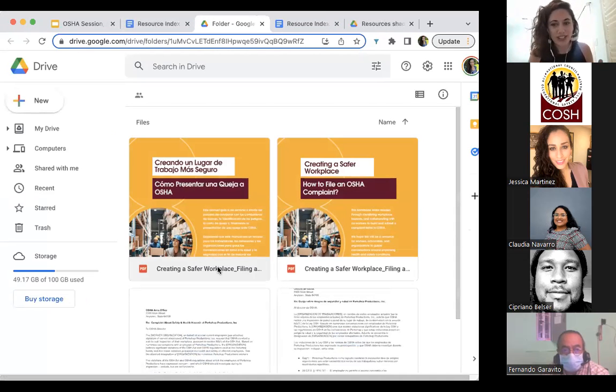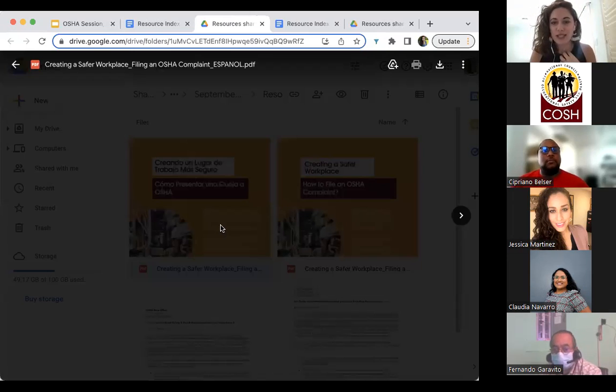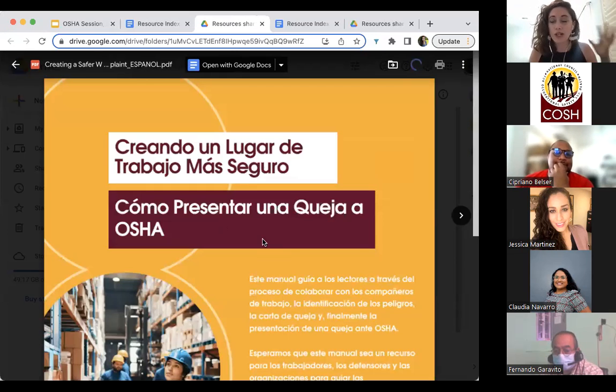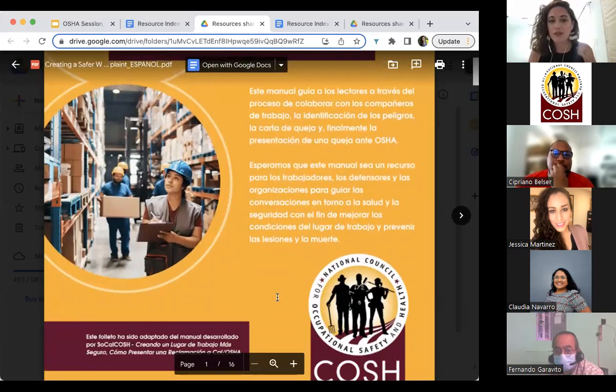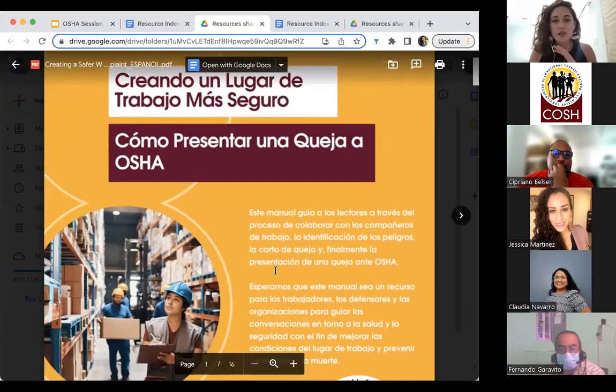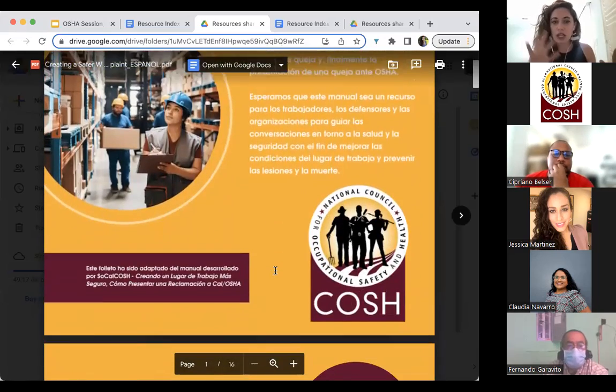It's super good. And we have to shout out SoCal COSH because they developed the original version of this guide here for Cal OSHA and generously allowed us to adopt it for the federal level. It's a beautiful guide. There's an English version and a Spanish version.